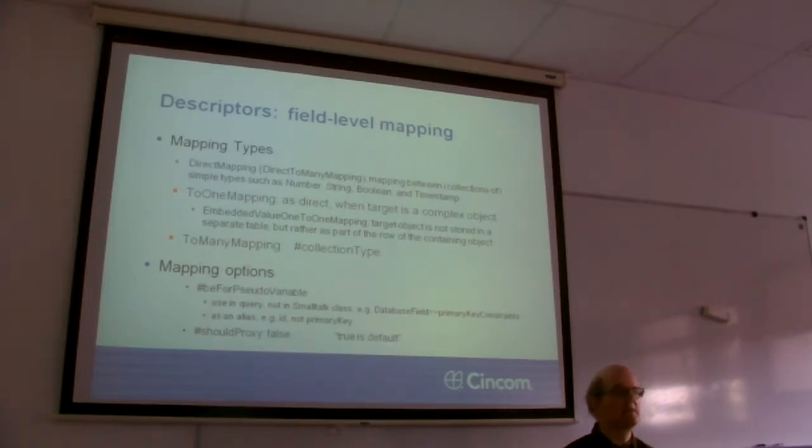Suppose you have a database field, metadata type, and you want to look at its primary key constraints. The database field doesn't naturally contain that. The database field class participates in primary key constraints, so it's not natural to have a database field having an instvar primary key constraints. You don't want that in your domain model.